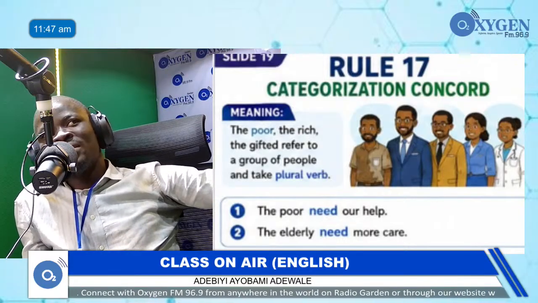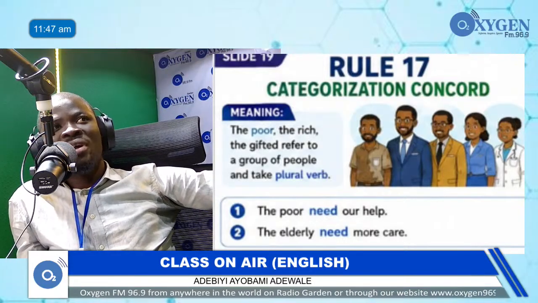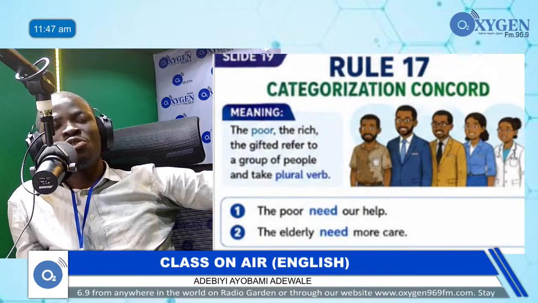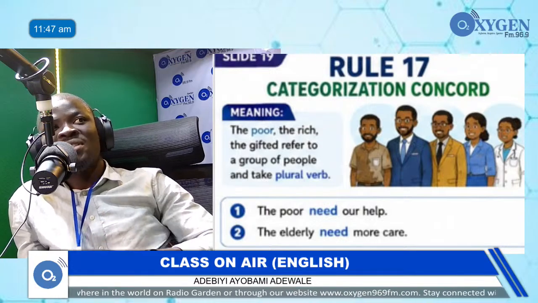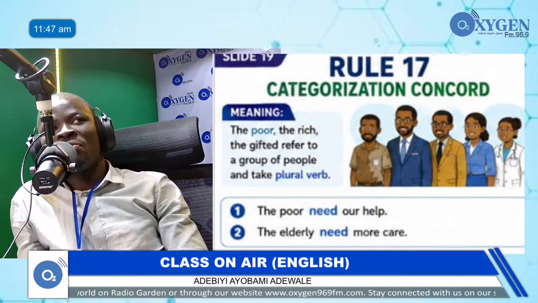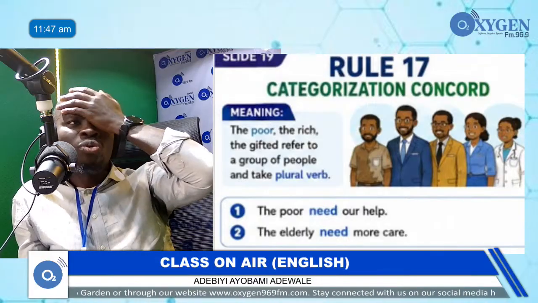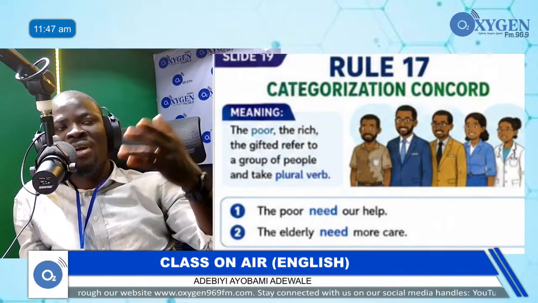When we categorize or bring into sum all these persons to have this name, we call it categorization concord.